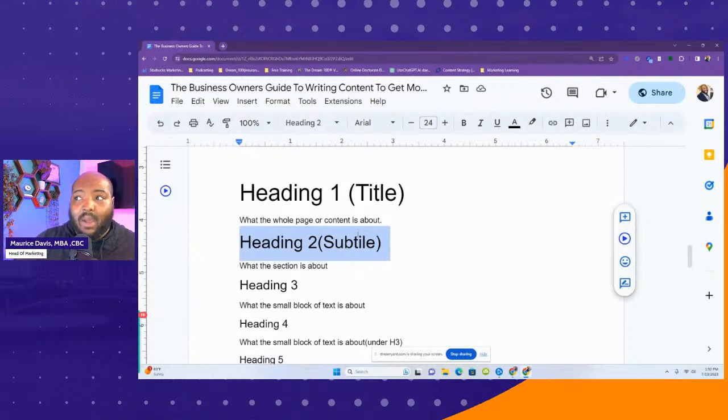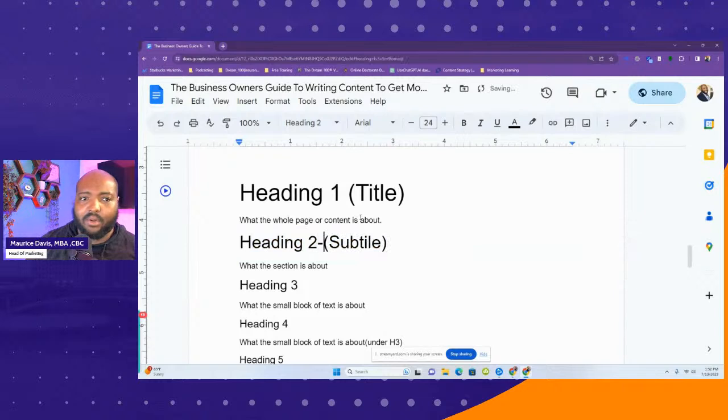It tells you what the section is about, or gives you more context to the information that you're about to read. Okay. Now, in a literal sense, title and subtitle are actually separate from your headings, your heading one and heading two. The reason why I combine these is because most of us are going to be writing online, and in most online structures, your title, your heading one, is going to be your title, and your heading two that's right underneath your title is usually a subtitle, but these don't have to be mutually exclusive, right?